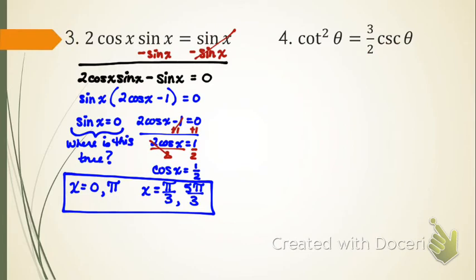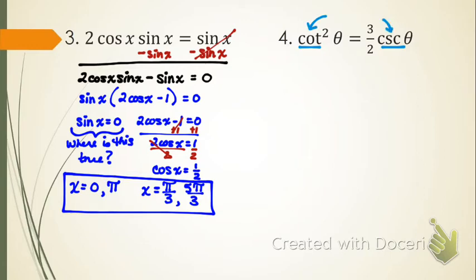Number 4. What's happening here? Tell me what you notice. We've got cotangent, we've got cosecant, and I heard we also are noticing that horrible fraction. We'll deal with the fraction part in a minute.